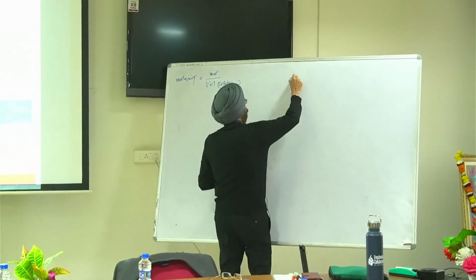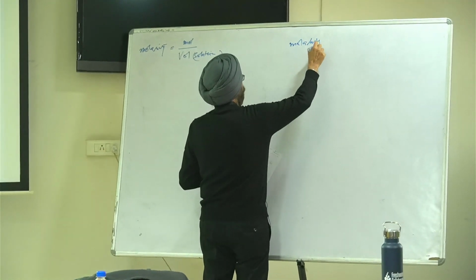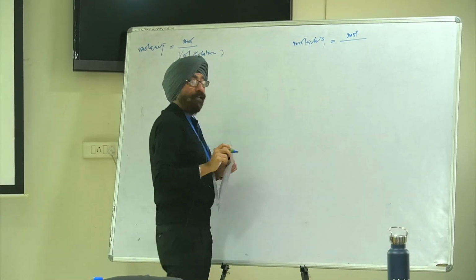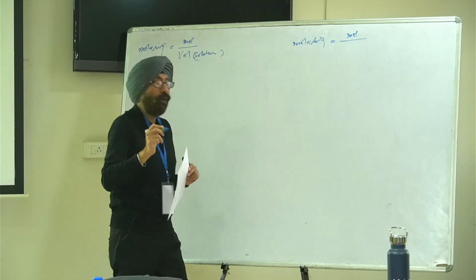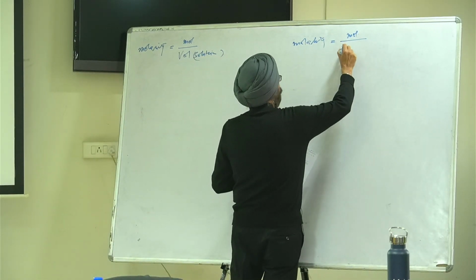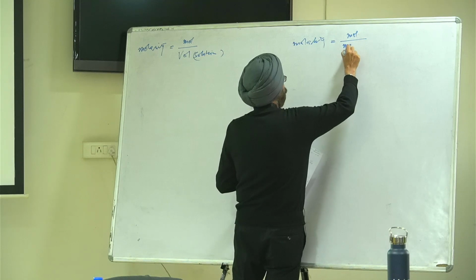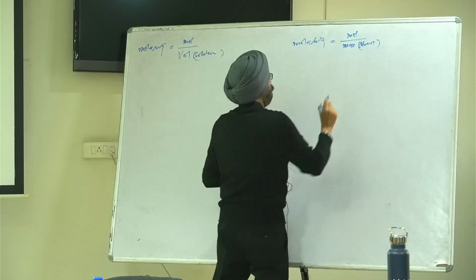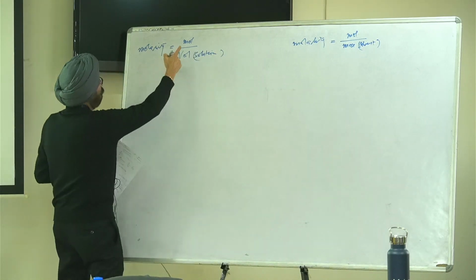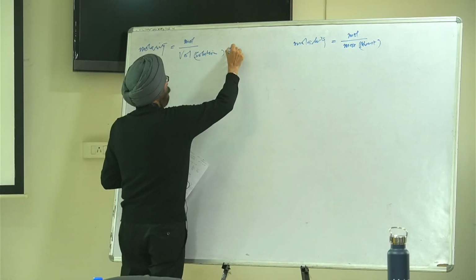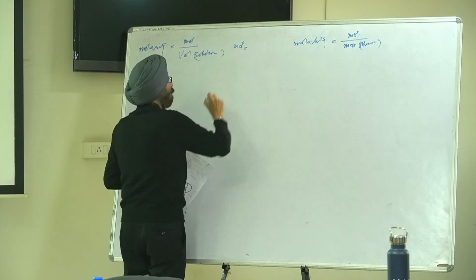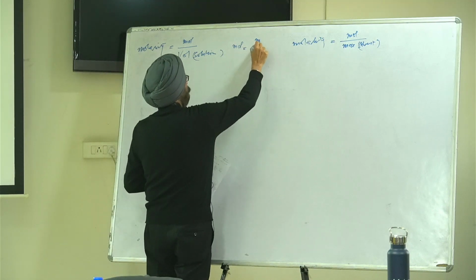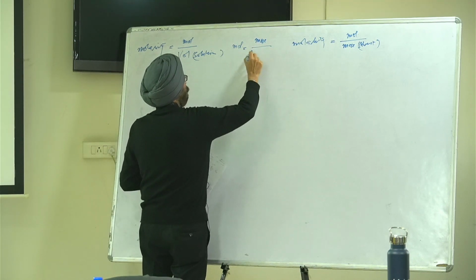On the contrary, when we deal with molality, the only difference is again moles divided by the mass of solvent. Now, the most important thing is the definition of the mole. When we write or understand the definition of the mole, it is the mass of the solute divided by the formula mass.